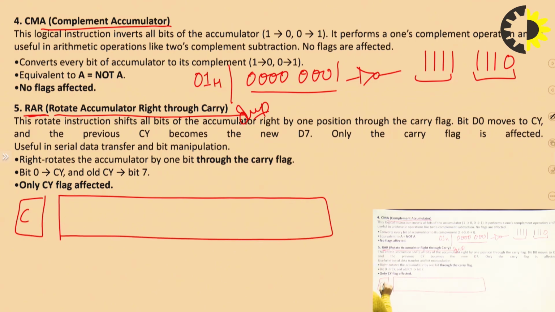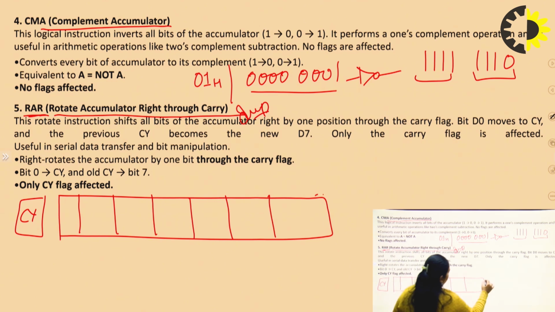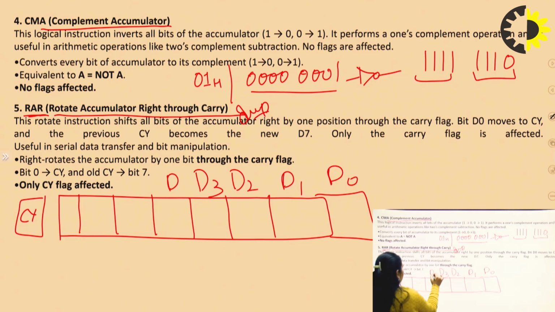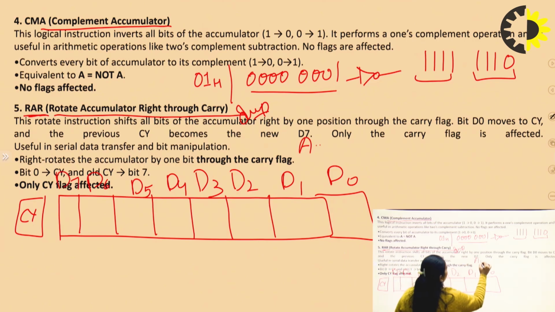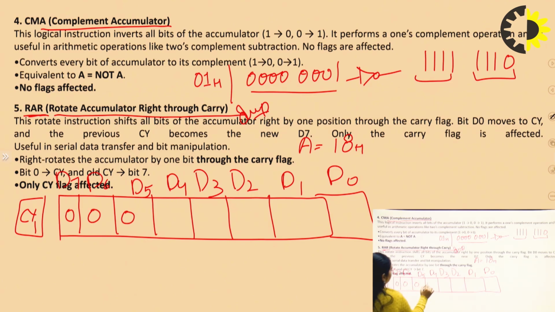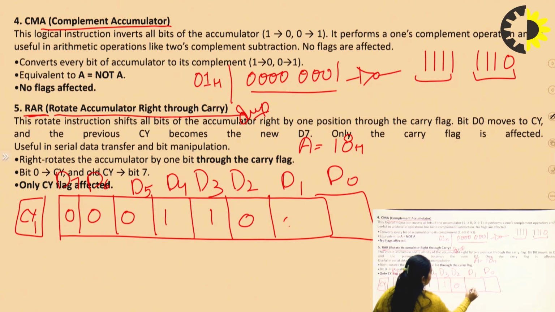We can put 8 bits, 1 2 3 4 5 6 7, and this is 8: D0, D1, D2, D3, D4, D5, D6 and D7. Suppose I am taking the contents of the accumulator as 18H and the carry is 1. So this is 1, and 18 can be written as 0 0 0 1 1 0 0 0.